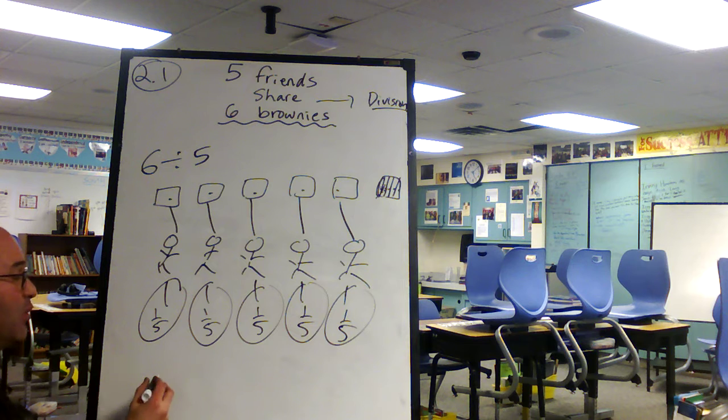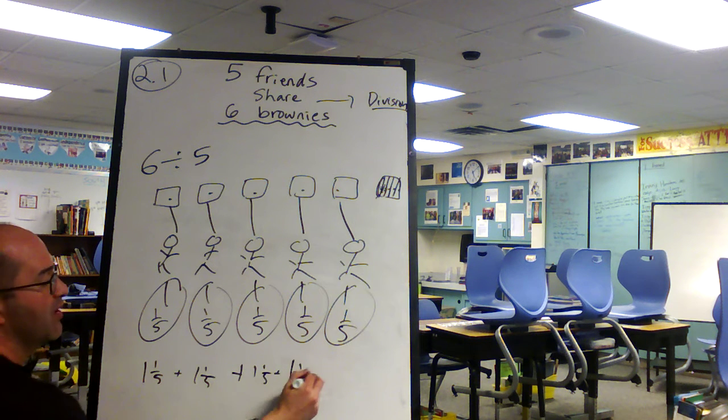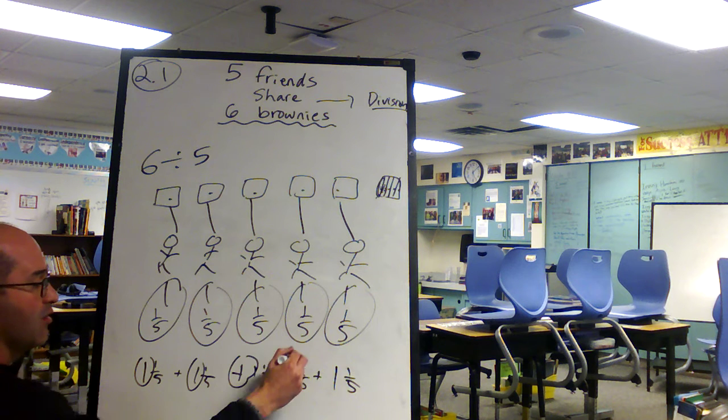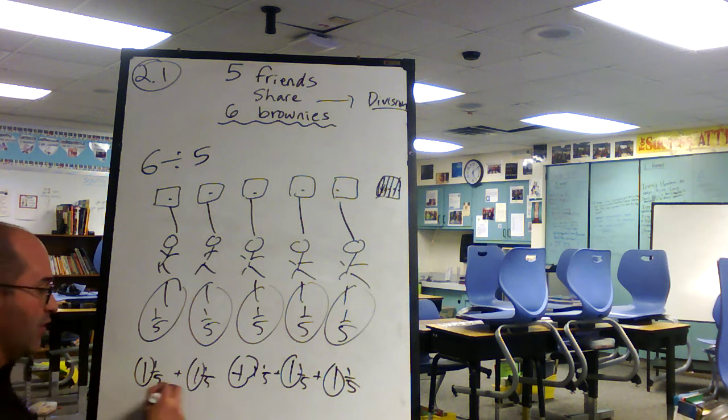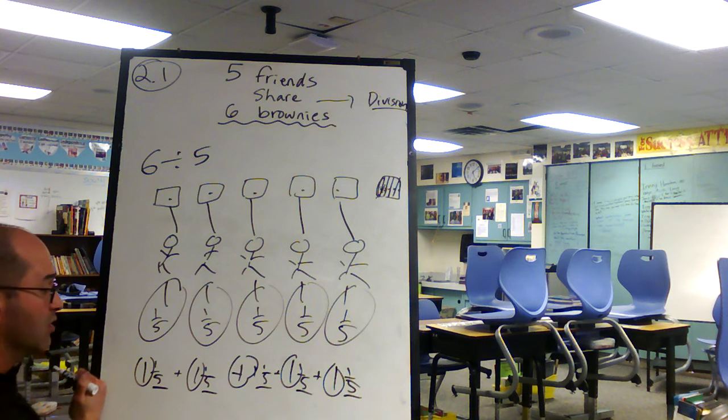And we could check that, and we would say 1 1/5 plus 1 1/5 plus 1 1/5 plus 1 1/5 plus 1 1/5, right? 1, 2, 3, 4, 5. 1/5, 2/5, 3/5, 4/5, 5/5, which is another whole, which would give you 6.